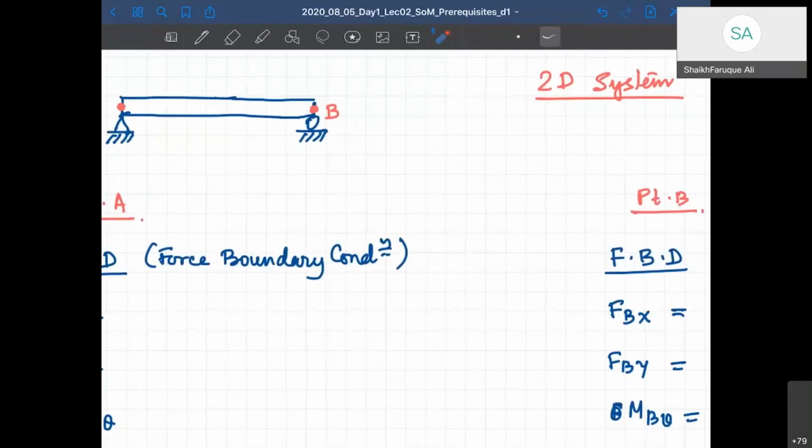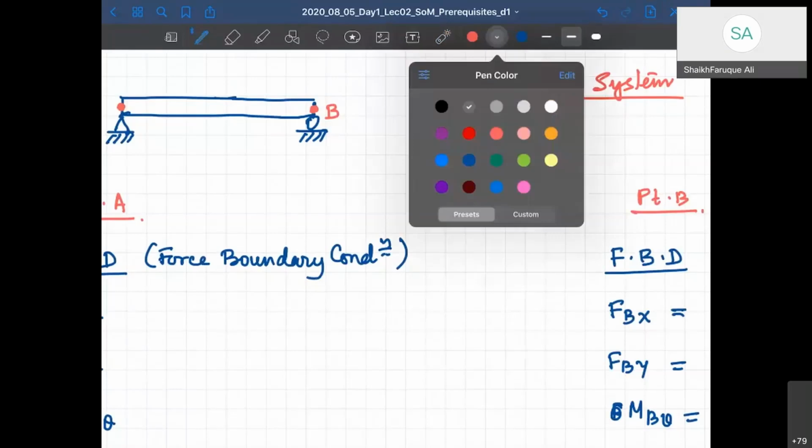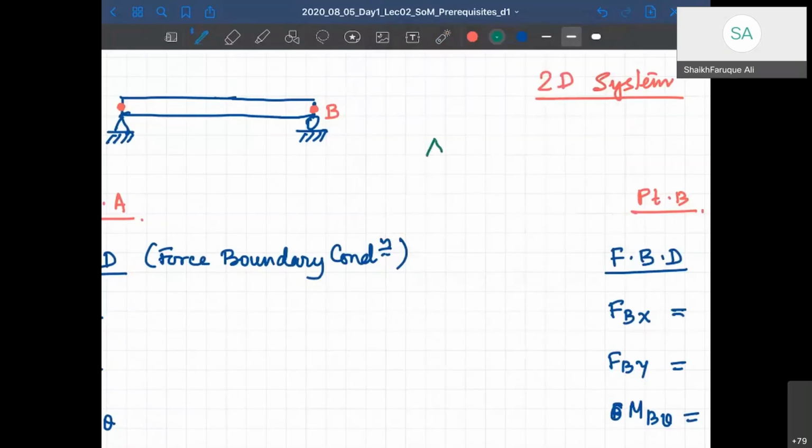If I join a link with a simple support, let's say like this, what are we going to tell about this structure? You're going to tell me. Can't displace. It can't displace, sir. Yeah, good. Very nice. Thank you very much.